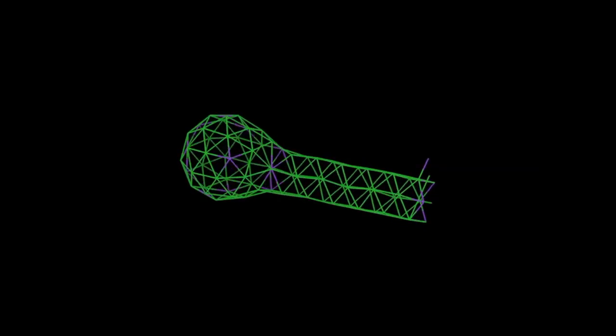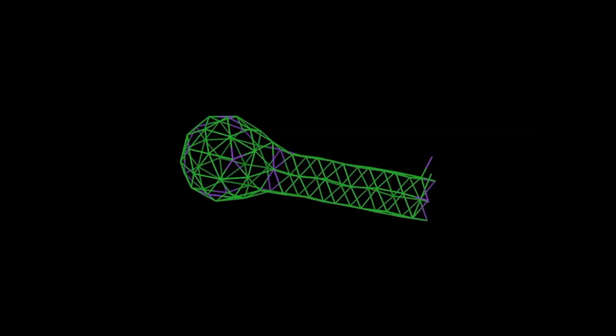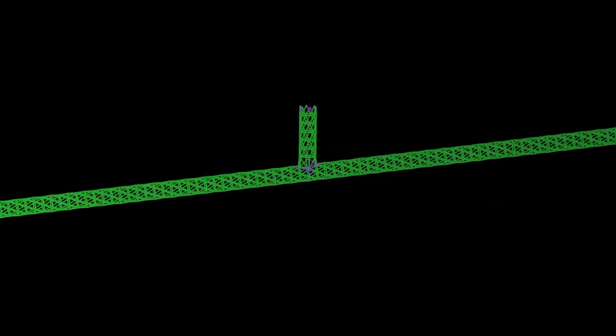The curved nodes, the 5 node edge nodes here, are in purple, and then as the bowl interfaces with the pipe, there are 7 edge nodes here, and then these are just artifacts at the end of the structure. This is a very large pipe.